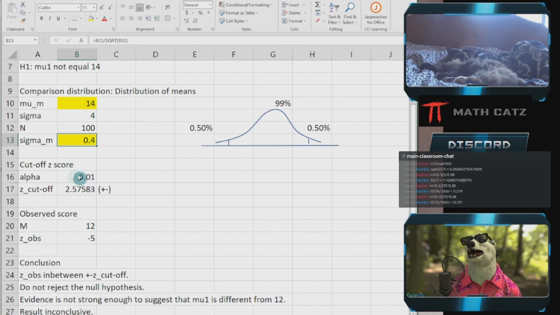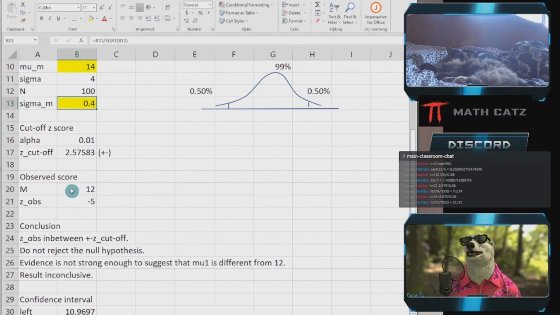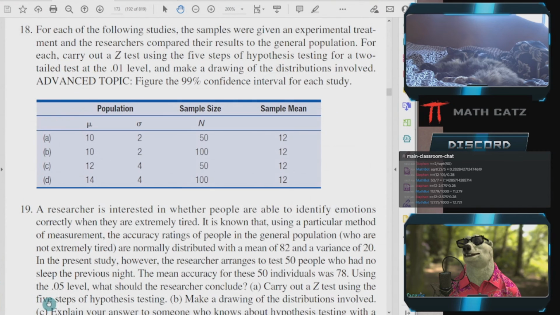Then we go to finding our cutoff Z score, same alpha, so that doesn't need updating, and our percentages, our visualization here of what's happening on the comparison distribution is the same, and therefore our Z cutoff score will be the same as well. But in this case, the observed mean is, oh, it's also 12.